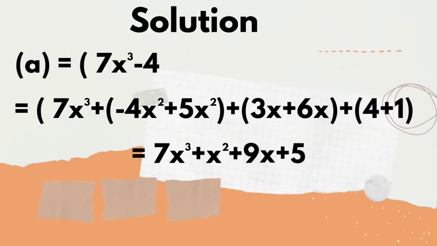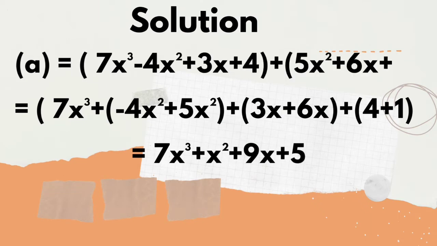Solution. A is equal to 7x raised to power 3 minus 4x squared plus 3x plus 4 plus 5x squared plus 6x plus 1. Note that P1 of x is the first one, while P2 of x is the second one.